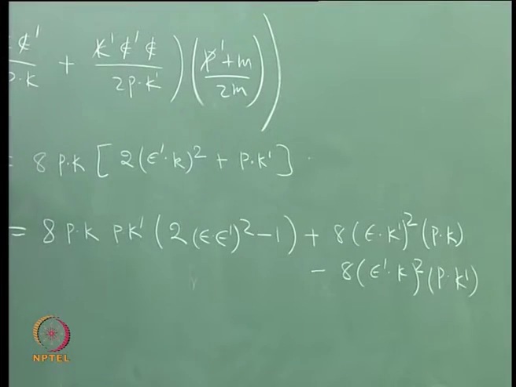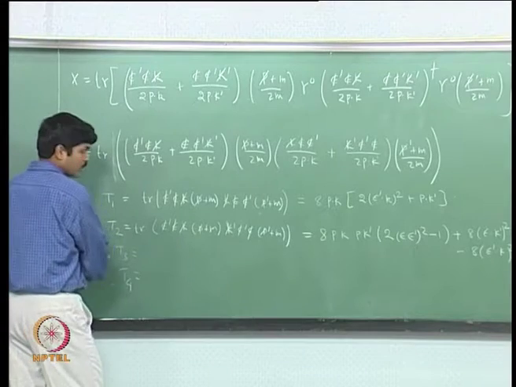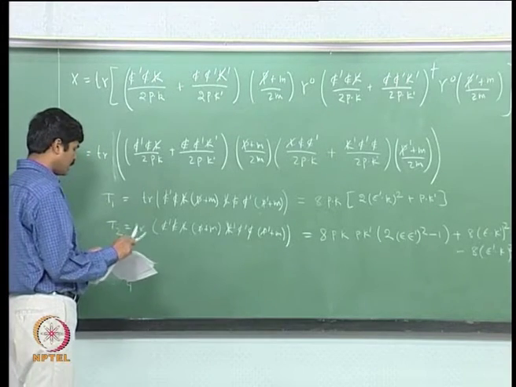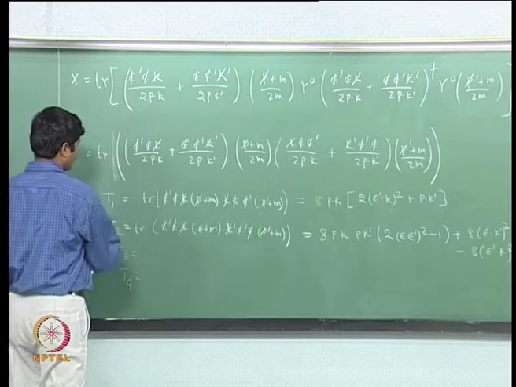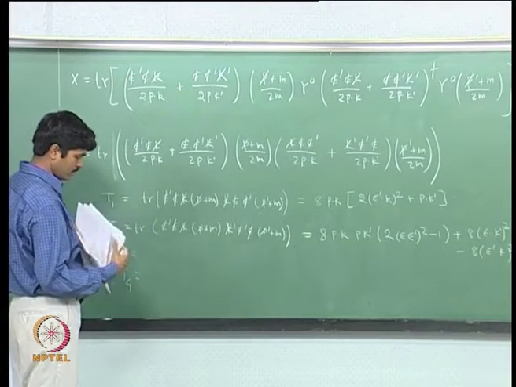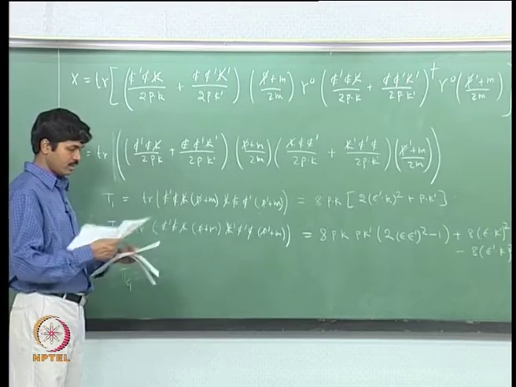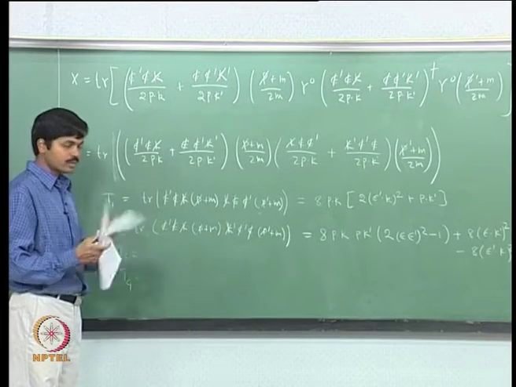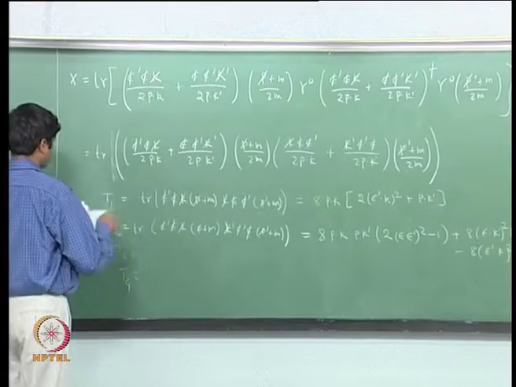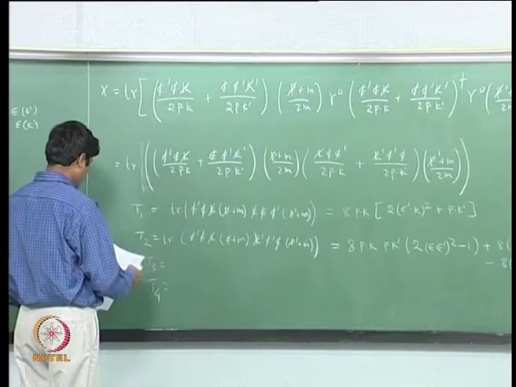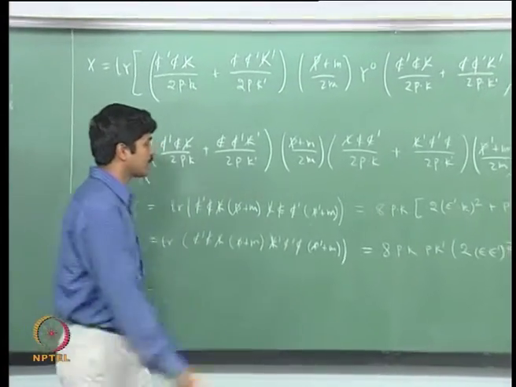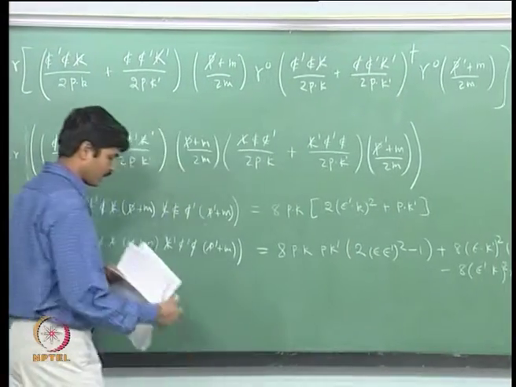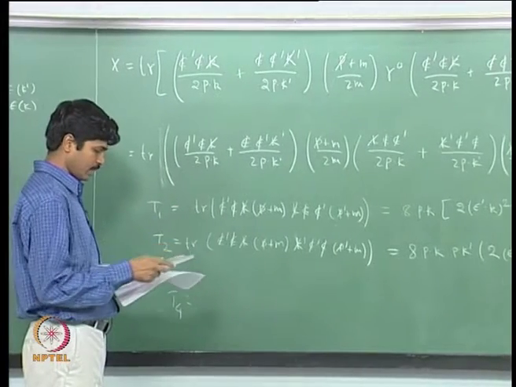This is what we will show, and then we will also argue that T2 has to be equal to T3, and T4 can actually be derived from T1. Okay. So let's evaluate T1, the trace, explicitly, and then show that this is in fact equal to the first term.